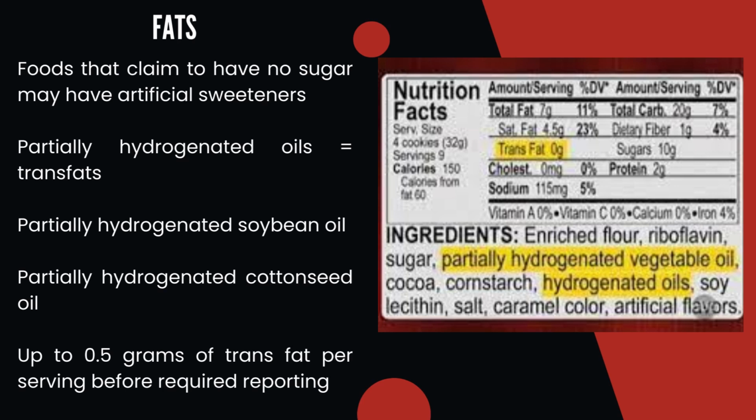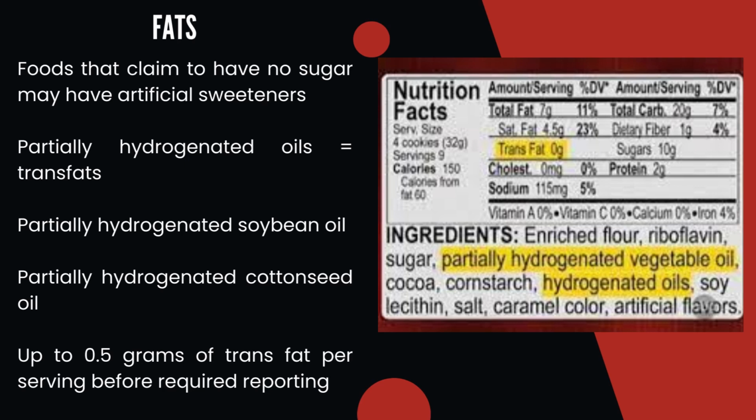Last thing I want to tell you is that a company can add up to 0.5 grams of trans fat per serving in a food product before it is required to be listed in the nutritional facts portion of the label. Up to 0.5 grams per serving. If it's less than that, they don't even have to list it.